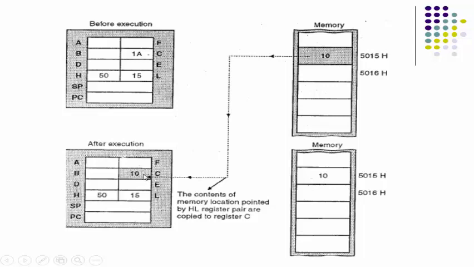So after execution, the destination C register holds 10 hex, and the source memory location 5015 holds the same data, 10 hex. Source memory location content and destination C register content are the same.